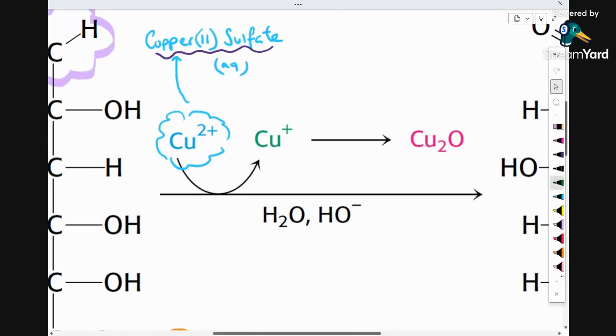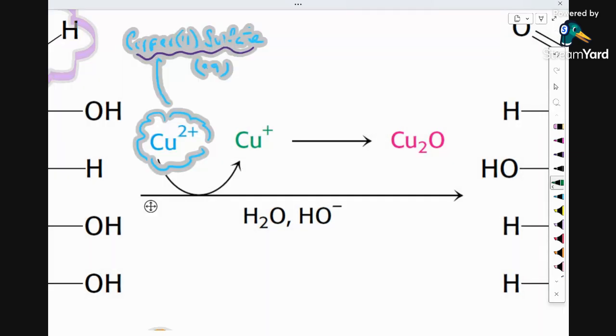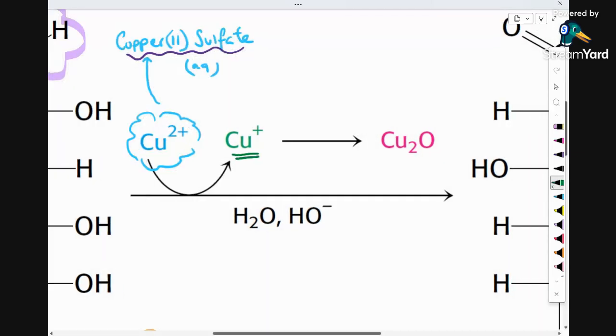First of all, they become sort of copper 1 plus, and they then form with oxygen a solid precipitate of copper 1 oxide. So Cu2O means that copper has a 1 plus charge in this ionic solid.